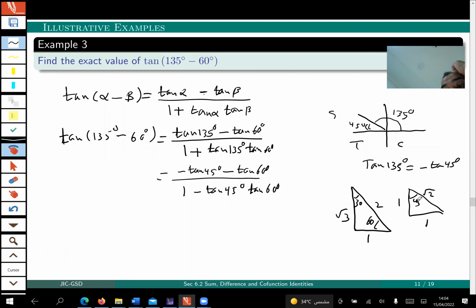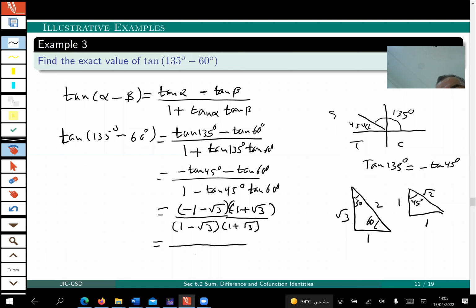So we will have minus 1 minus tan 60 over 1 minus tan 60. Tan 60 is opposite root 3 over adjacent 1. If we want to simplify this more, especially if it is a multiple choice, multiply by 1 plus square root of 3 over 1 plus square root of 3, the conjugate of the denominator. In the denominator, the square of the first, 1, minus the square of the second, 3, gives minus 2.